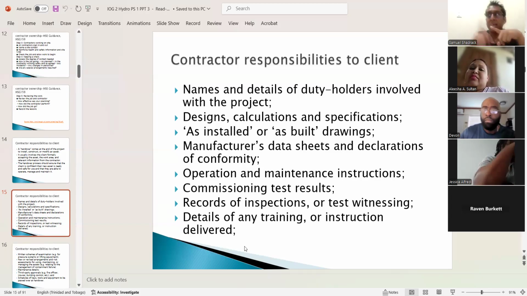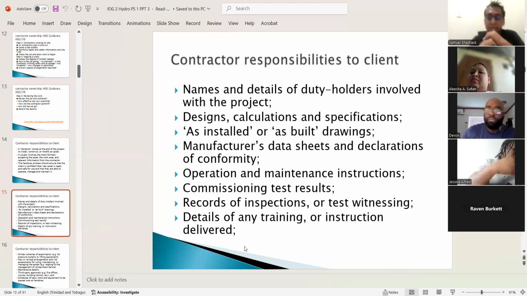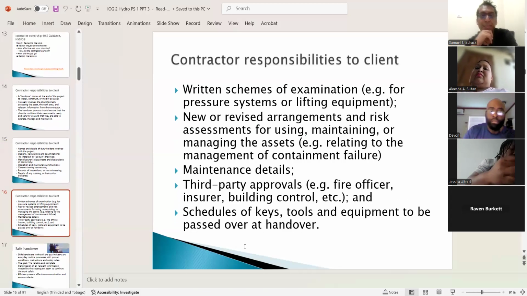Any chemicals, material safety data sheets. If it was a machine being repaired, operation and maintenance instructions. If they did a test run, or any inspection, the results of the inspection, and any training required to operate the machine.